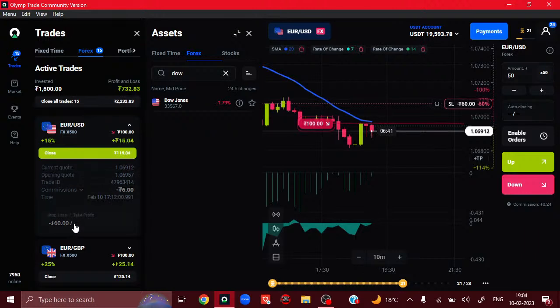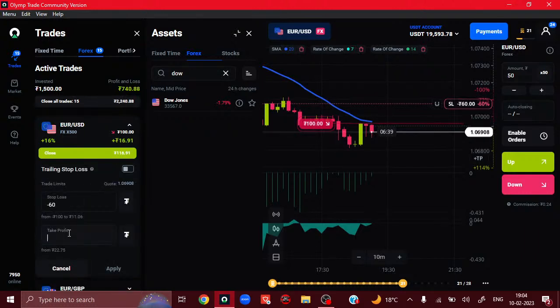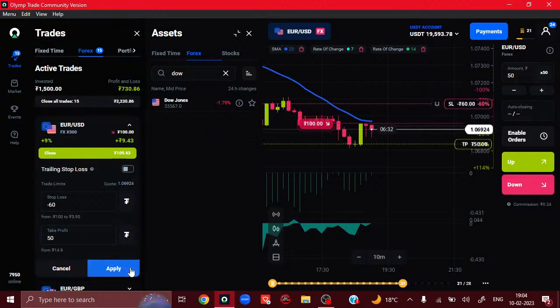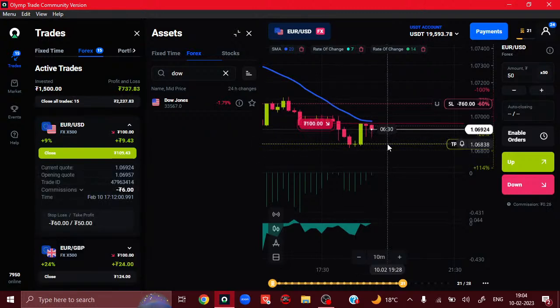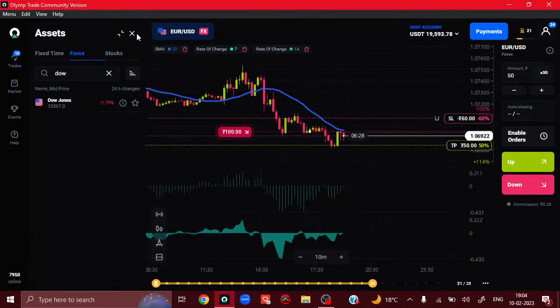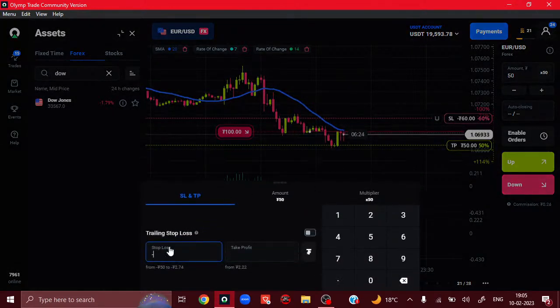If I apply the take profit of 50%, you can see my take profit will also be applied. And on any new trade, if you want to do so, before making the trade, go to the auto closing section and use the SL and take profit, use this feature here.